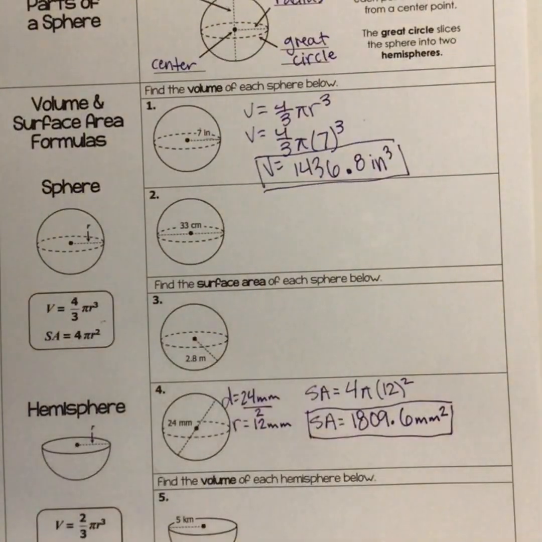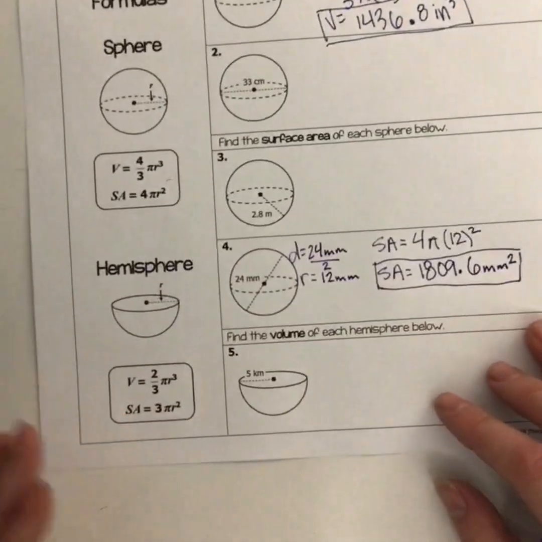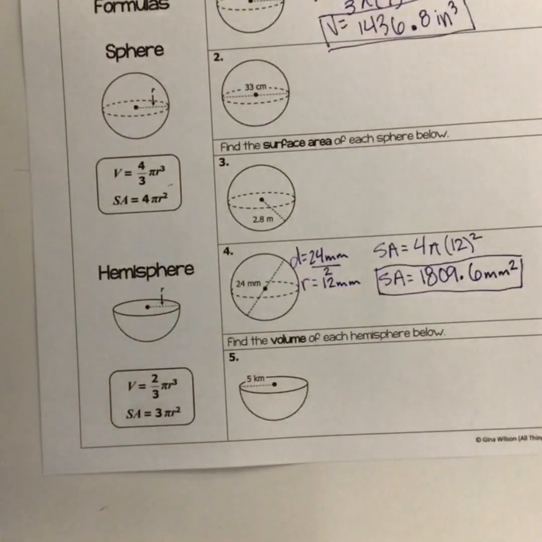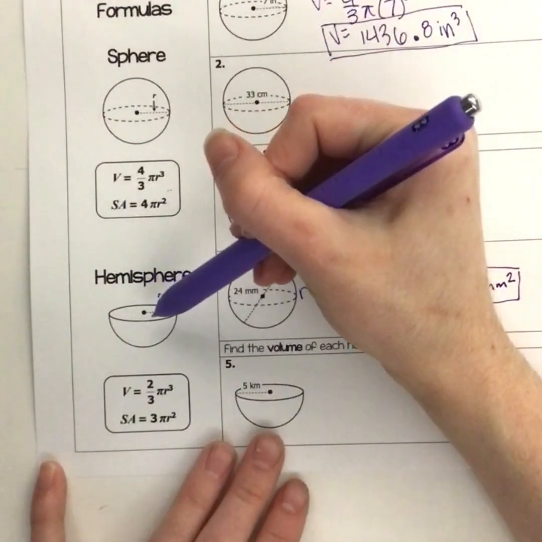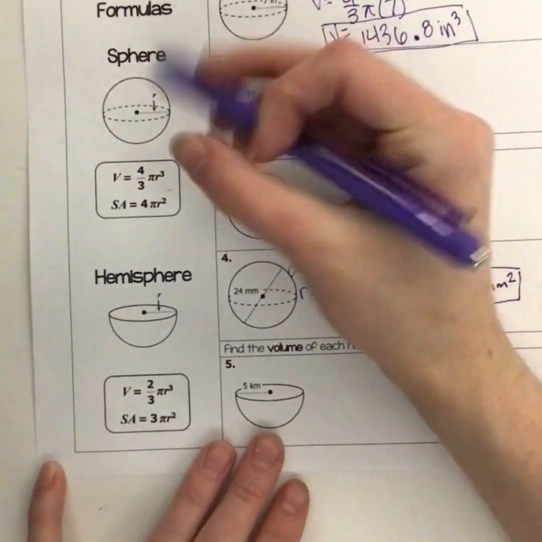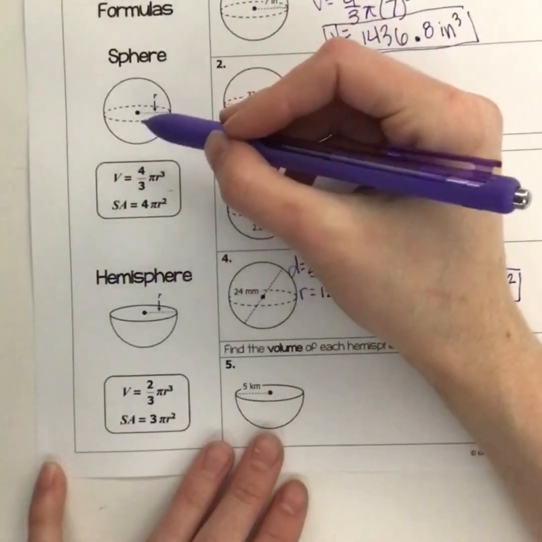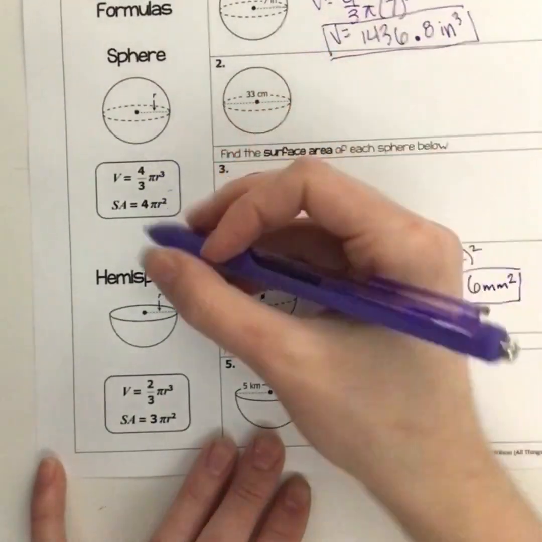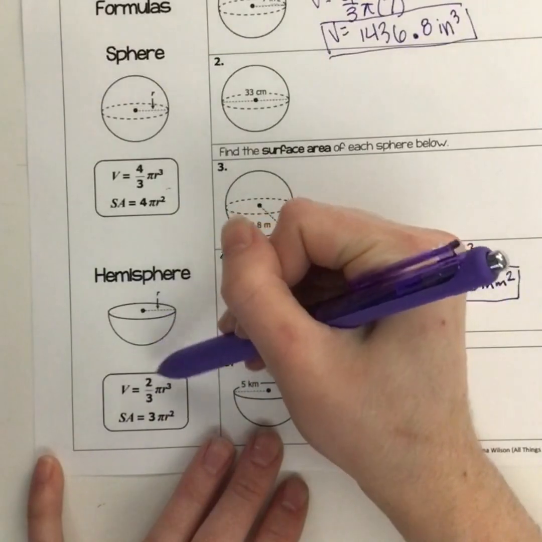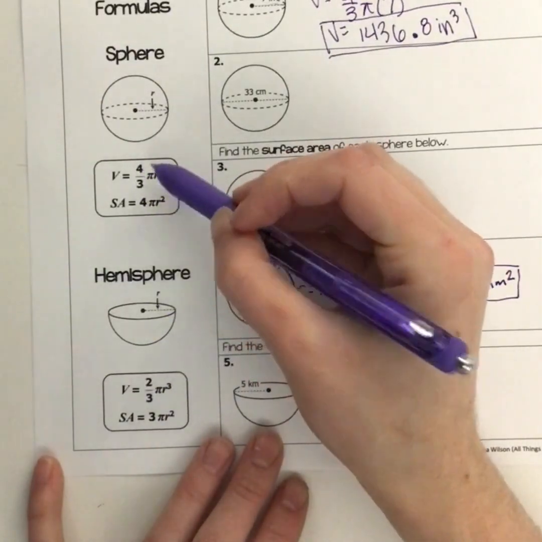One last thing I want to point out is the difference between the hemisphere and the sphere. So, like I said before, a hemisphere is 1/2 of a sphere. So if we look at our equations here, you notice that the volume of a hemisphere would be half of the volume of a sphere, right?